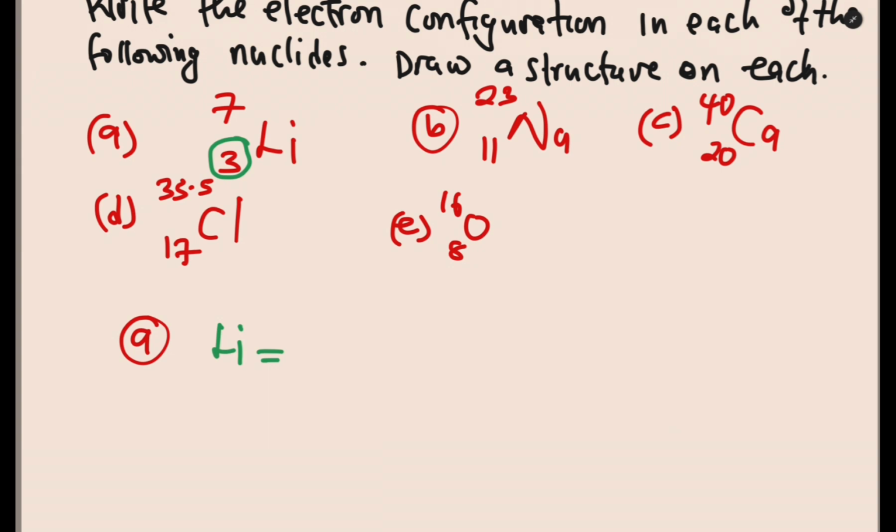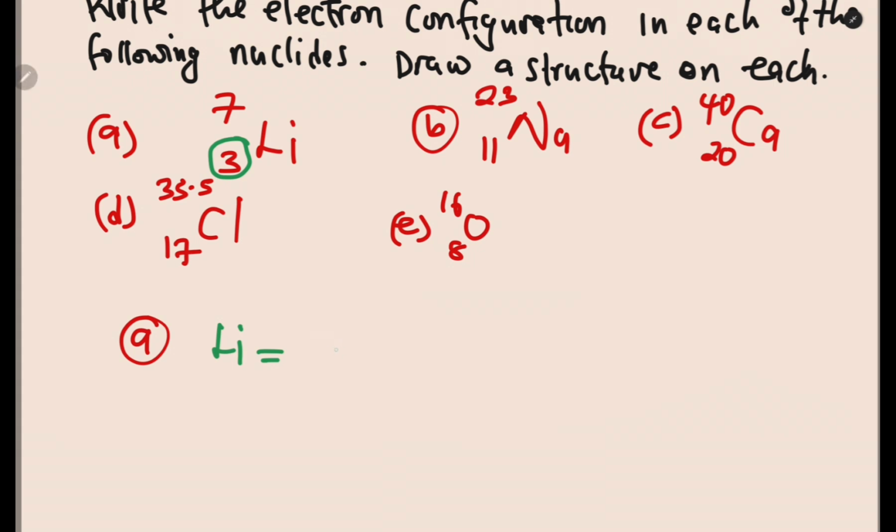This is the reason why we are using the atomic number to assign the configuration, because in the configuration we put electrons. But where do we get electrons? The number of protons is equal to the number of electrons. So we use protons because they are equal to the electrons. I guess I've not confused someone.